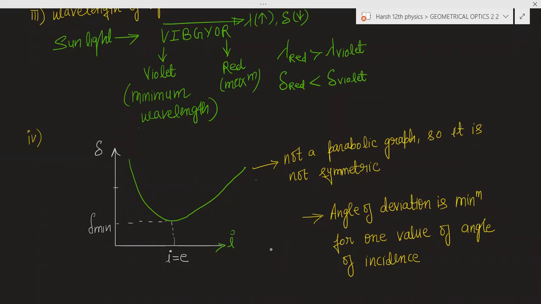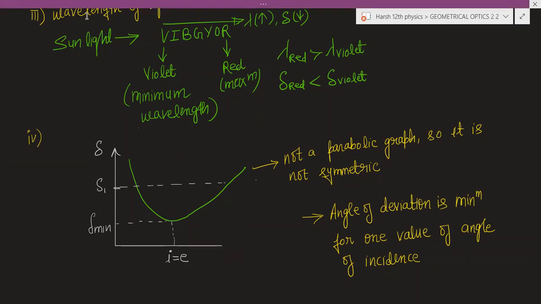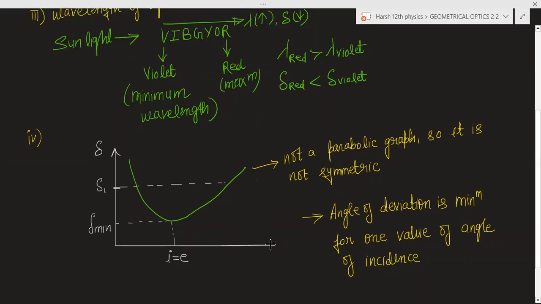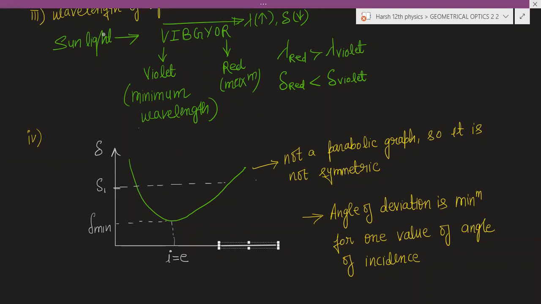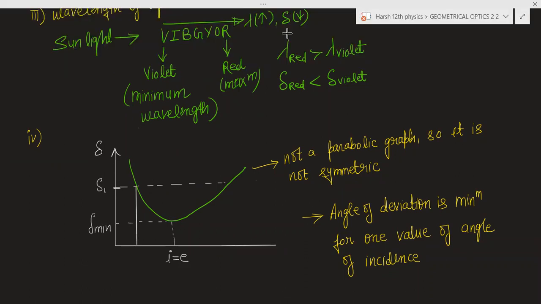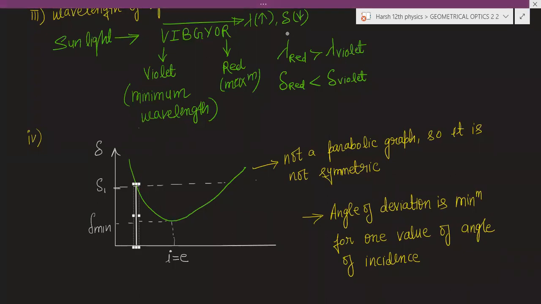One more thing: if you take any other value of delta, say delta 1, then there are 2 values of angle of incidence. One value you will get from here, another from here.